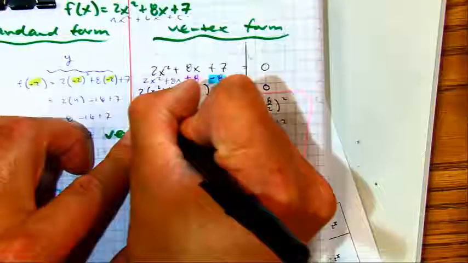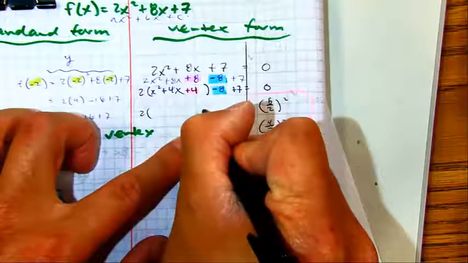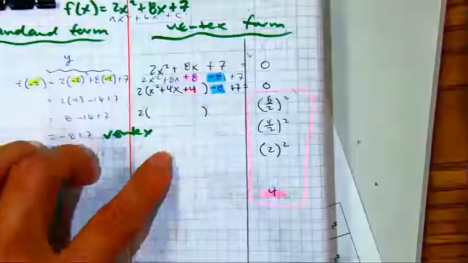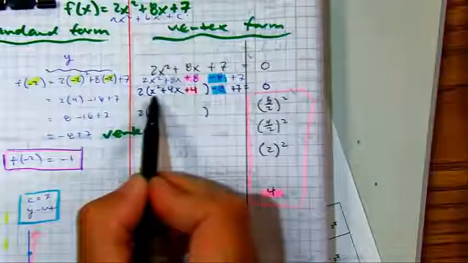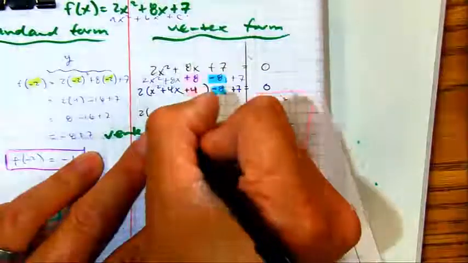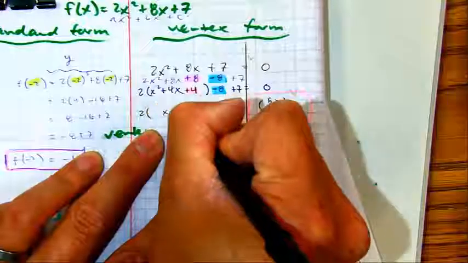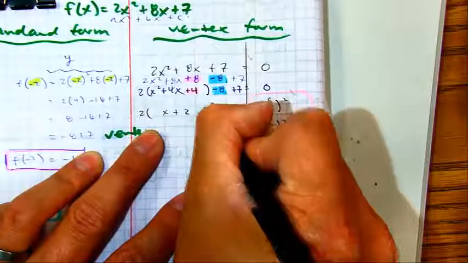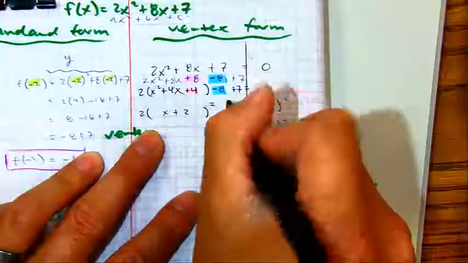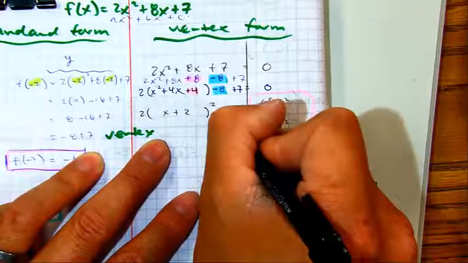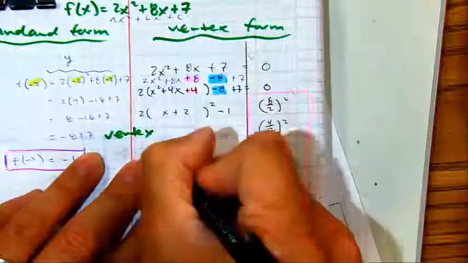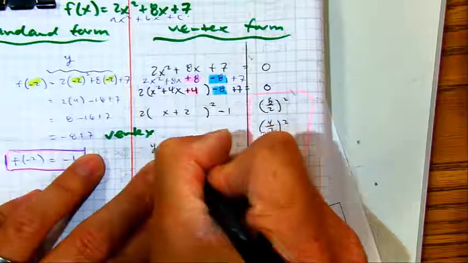If I factor this problem here, what do I get? If you factor that, what do you get? X plus 2 times x plus 2 squared, and then negative 8 plus 7 is negative 1. So there I actually have, I didn't have to set it equal to 0 because we're not solving, but just transforming.